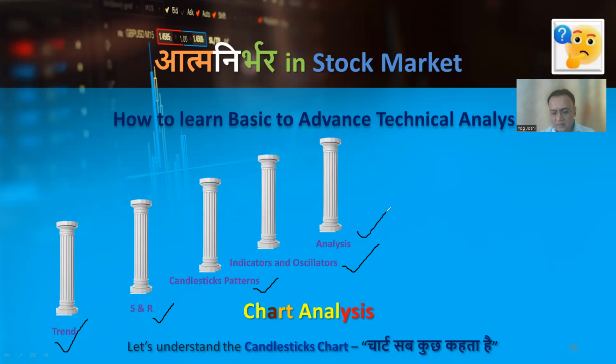If you wish to write down these steps in your book, you can. The five steps, or five pillars, of technical analysis: start with trend, support and resistance, candlestick patterns, indicators and oscillators, and finally analysis or forecasting.